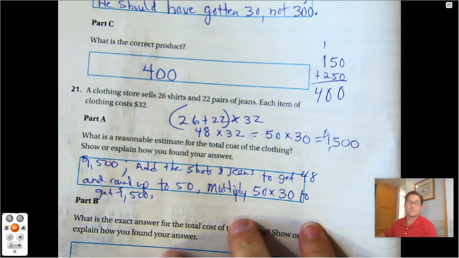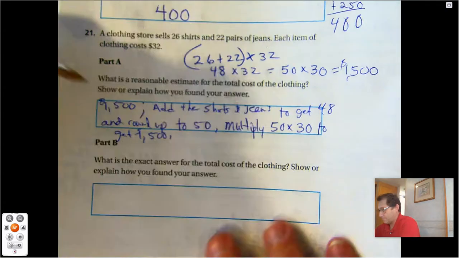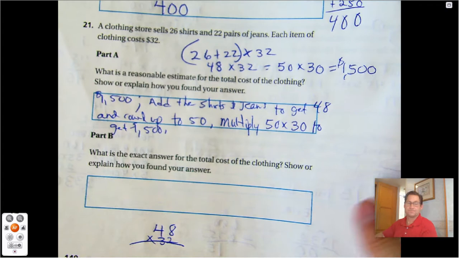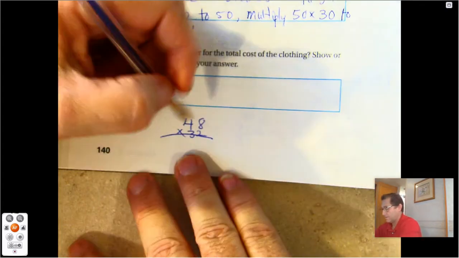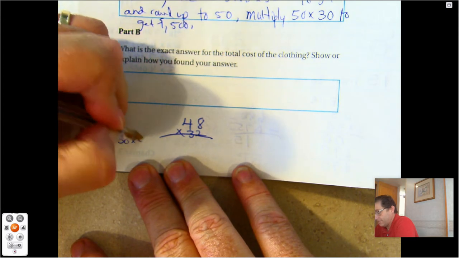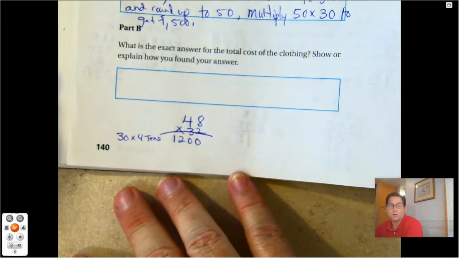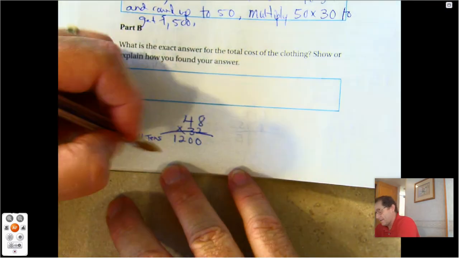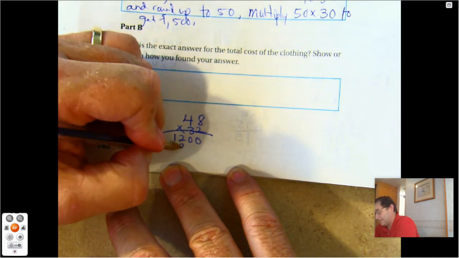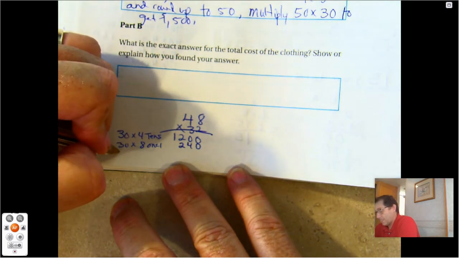What is the exact answer? Okay, well, 48 times 32. 30 times 4 tens is 120 tens, or 1,200. 30 times 8 ones is 240. 2 times 4 tens is 8 tens, or 80.